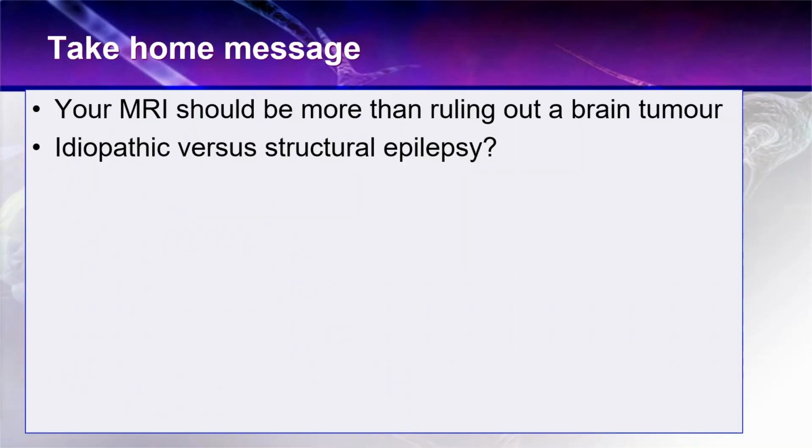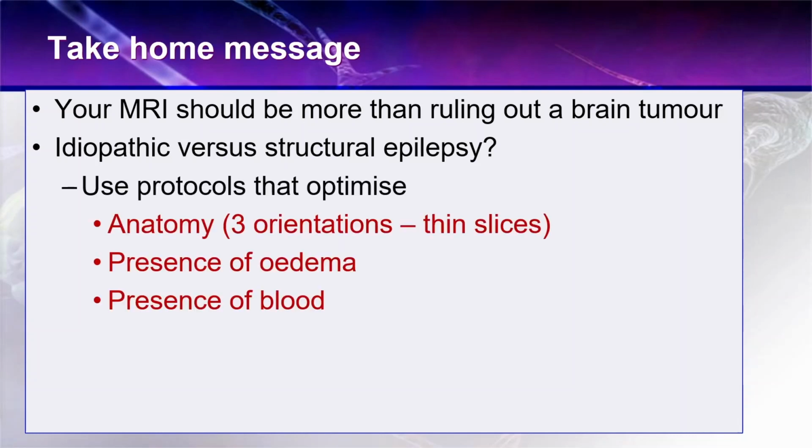So your take-home message here is that your MRI should be more than just ruling out a brain tumor. You need to be making a diagnosis of idiopathic versus structural epilepsy, and therefore you need to use protocols that optimize the anatomy. So three slices and thin slices and three orientations, the presence of edema and the presence of blood.